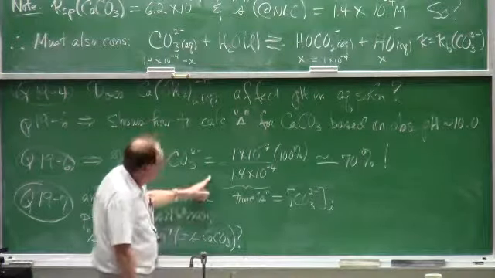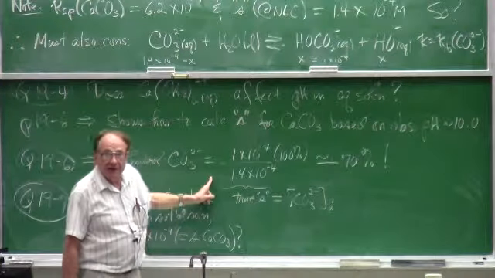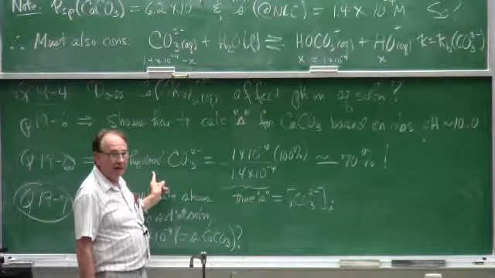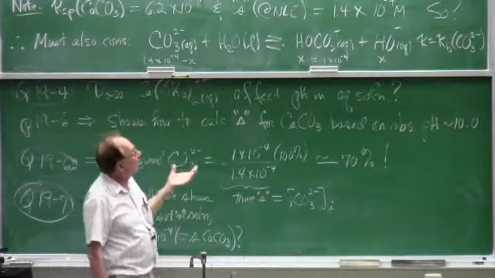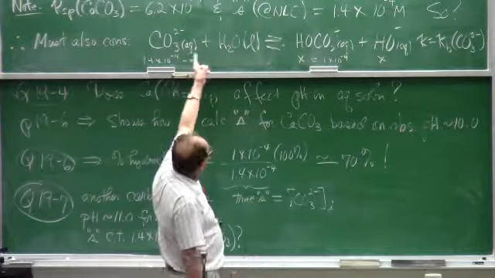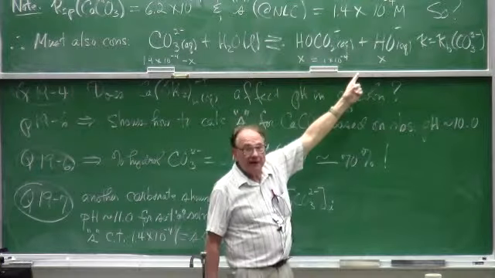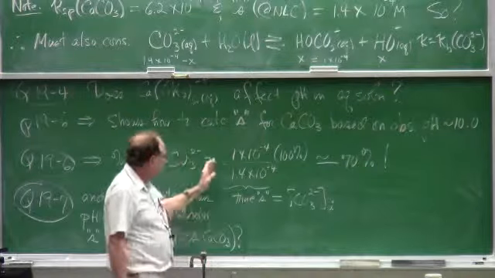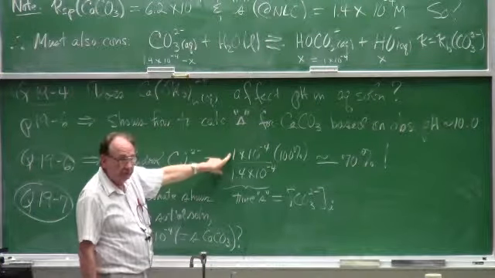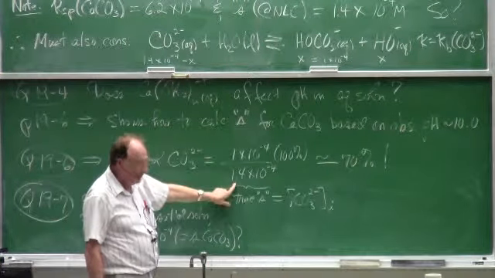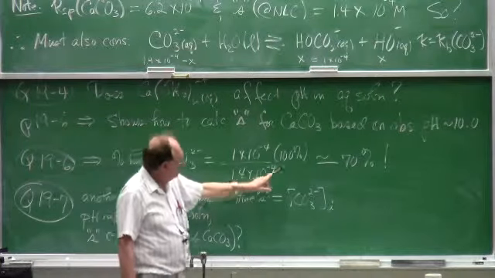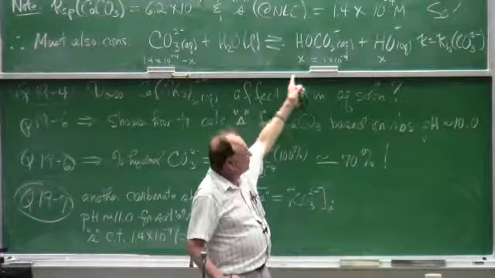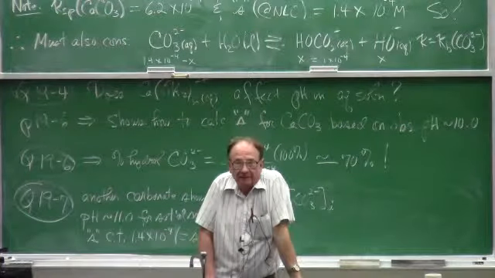Well, let's go back to our percent ionization recipe and now apply it to determine percent hydrolysis. You could just as well call it percent ionization, because you see in this carbonate water reaction we're making new ions, so this is also an ionization reaction. 1 times 10 to the minus 4, concentration of derived species, divided by the true solubility, multiplied times 100%, tells us carbonate ion hydrolyzed by this process about 70%.